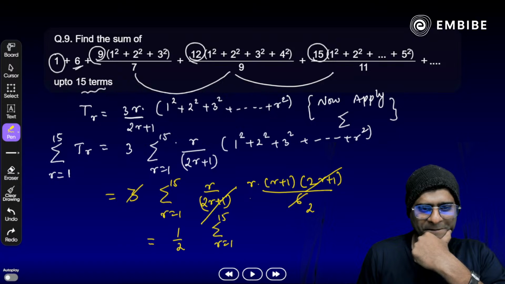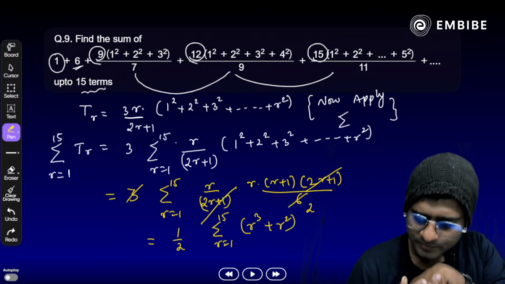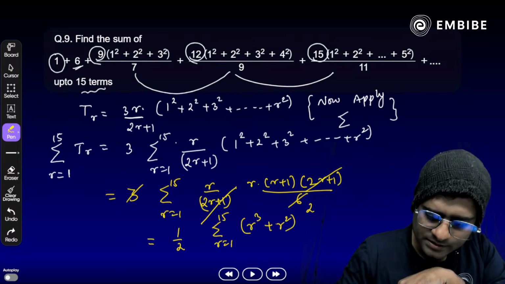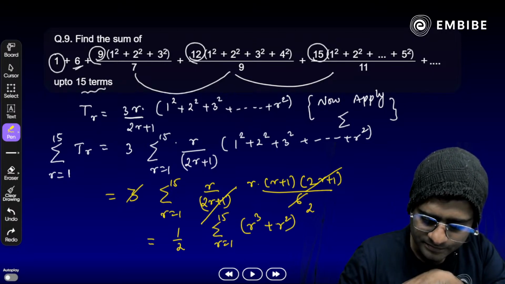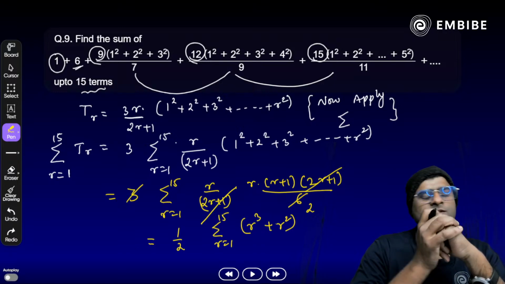like that? Yes. r cube plus r square. Done. But we don't have a second-term denominator matching here. Okay, Anushka, let me check here. So what will be the second term here? r should be 1 to 15 here.